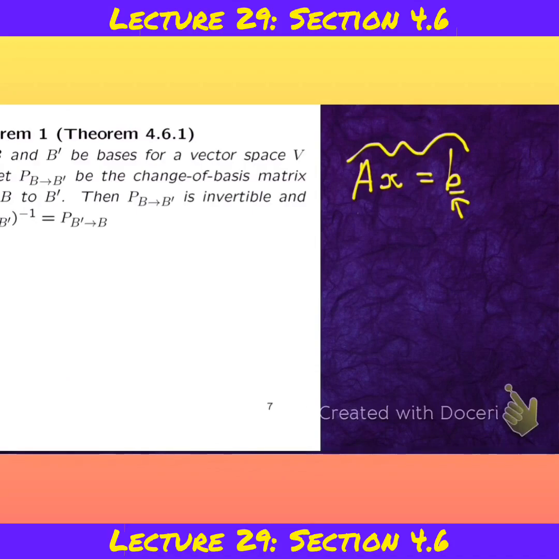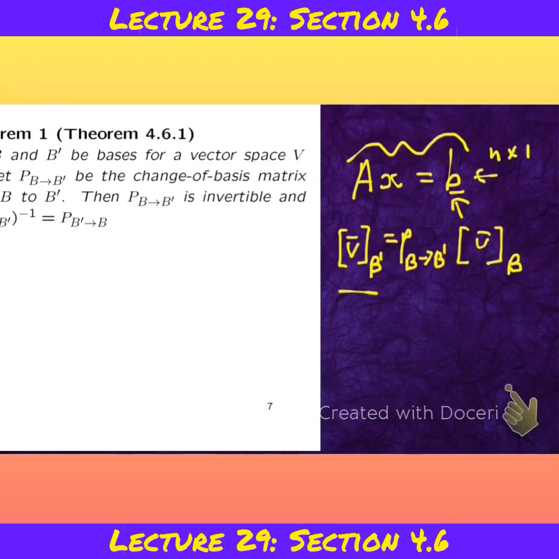Now, if you go to your actual formula, this is of a similar setup. Again, this is an n by 1, just like that vector there, and this one is also n by 1.